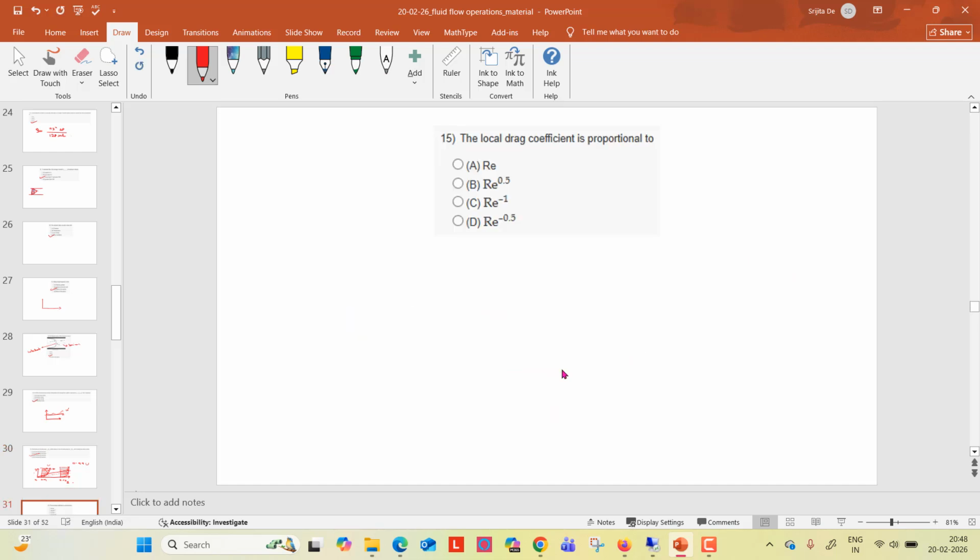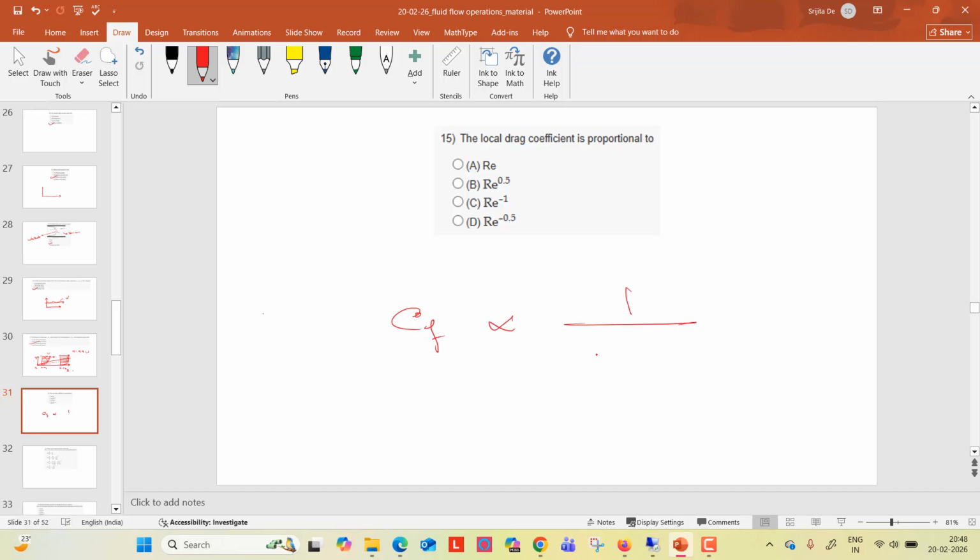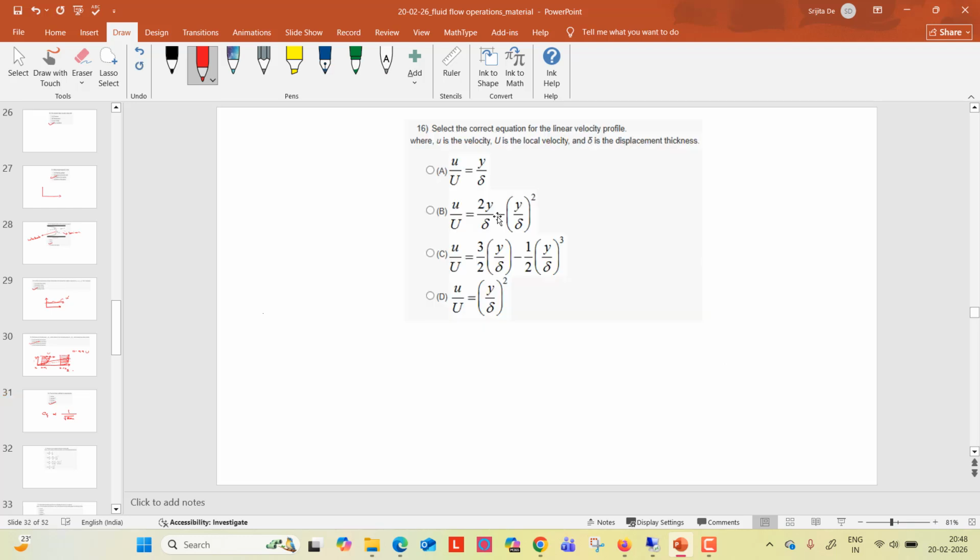Next, the local drag coefficient is proportional to what? You have seen in the lecture that the local drag coefficient CF is proportional to 1 by root under REx, so that is RE to the power minus 0.5. Next, select the correct equation for the linear velocity profile, where u is the velocity, capital U is the local velocity and delta is the displacement thickness.